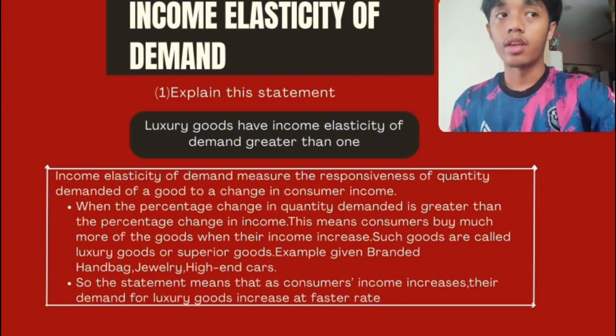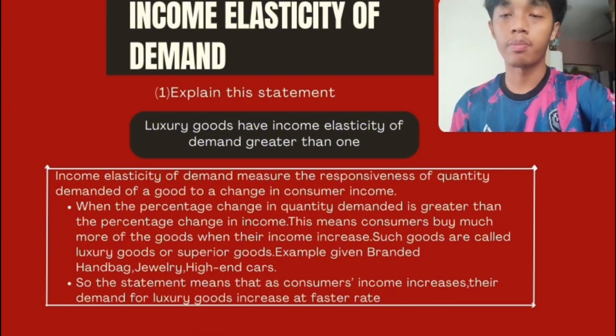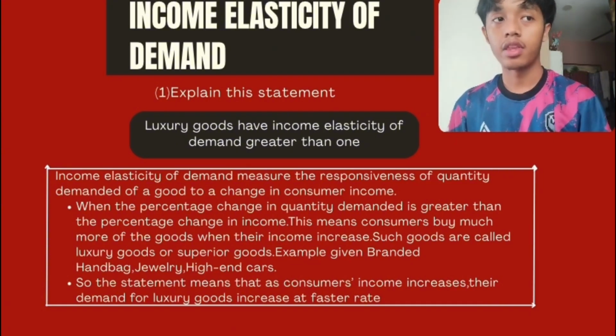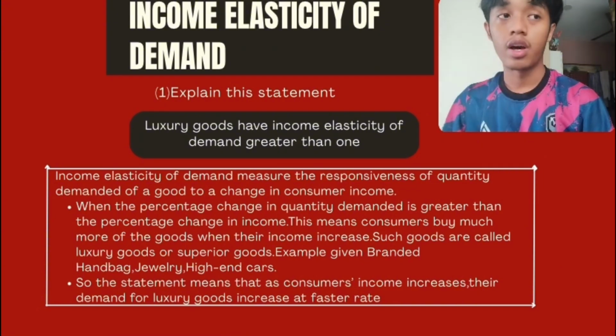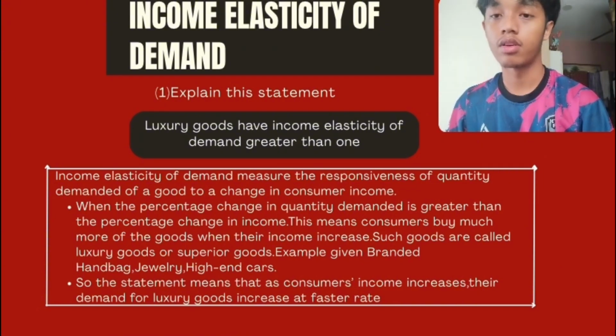Income elasticity of demand measures the responsiveness of the quantity demanded of a good to a change in consumer income. When the percentage change in quantity demanded is greater than the percentage change in income, this means consumers buy much more of the goods when their income increases.